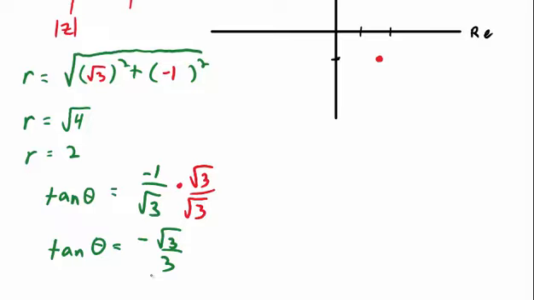So you could take the inverse tangent of this. Let's say we're in degrees, for instance. Take the inverse tangent. It'll give you the right answer, but why? In this particular case, the theta that your calculator spits out when you take the tangent inverse of negative root 3 over 3 will be correct. But why?